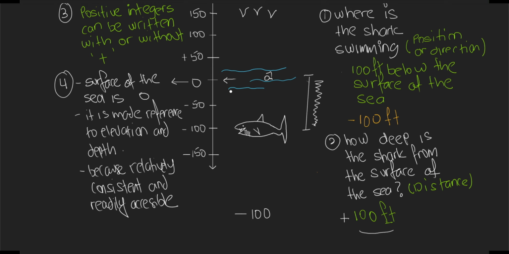So for that reason, the geographical societies, the mathematical societies, and people who are involved in this have decided that we use the surface of the sea as level 0, and that has been translated onto a number line. So when a question makes reference to the surface of the sea, they want you to understand that it is representing 0.